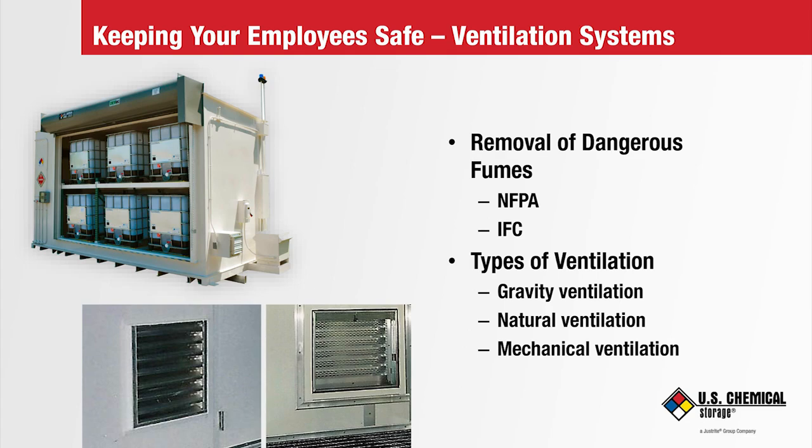The fan, per NFPA 30 paragraph 18.5.5, shall provide 1 cubic foot per minute of exhaust air for each square foot of floor area, creating a negative pressure in the room. This comes to over 6 air changes per hour.